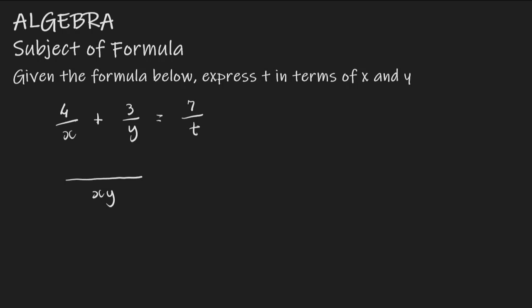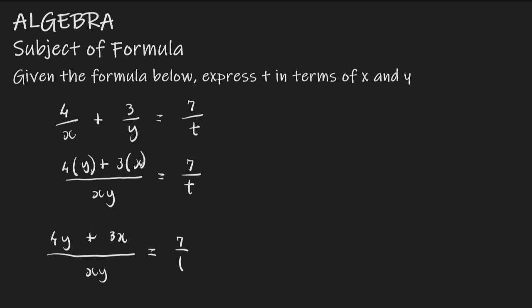When adding fractions, I take the numerator of my first fraction, 4, and I multiply it by the answer I get when I divide x into xy, which is y, plus the numerator of my second fraction, 3, and I'm multiplying this by the answer when I divide y into xy, which is x, and that is equal to 7 over t. Simplifying this, (4y plus 3x) all over xy is equal to 7 on t.